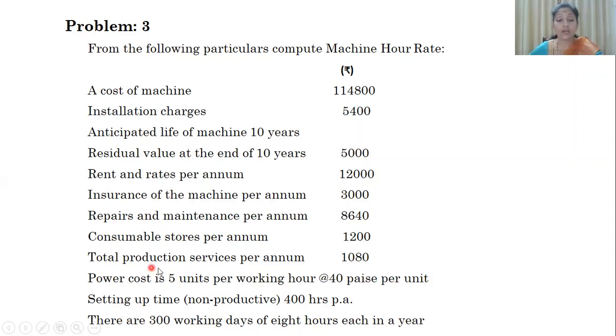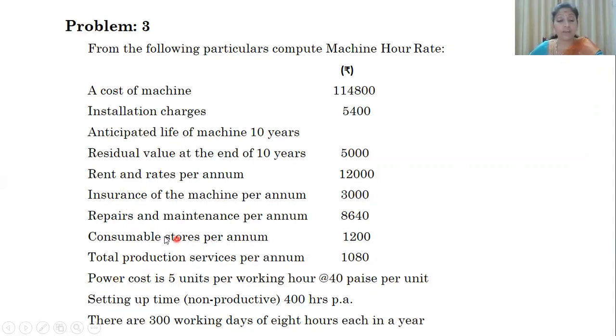Then total production service per annum, this is also standing charges. So rent and rates, insurance, repair and maintenance, consumable stores, total production service. These 5 items are coming under standing charges.